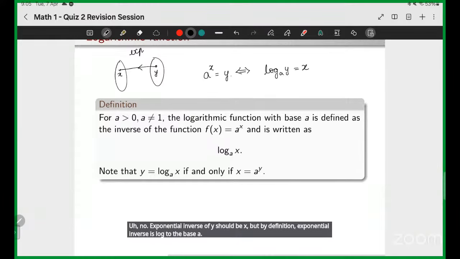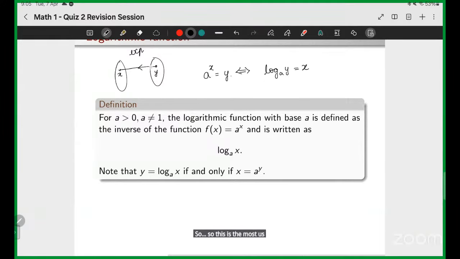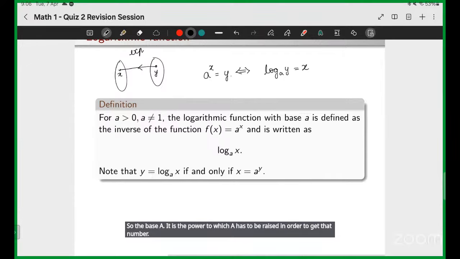So this is the most usable thing that you have to use, which is something natural. When you ask for the logarithm of a number to the base a, it is the power to which a has to be raised in order to get that number. Right?